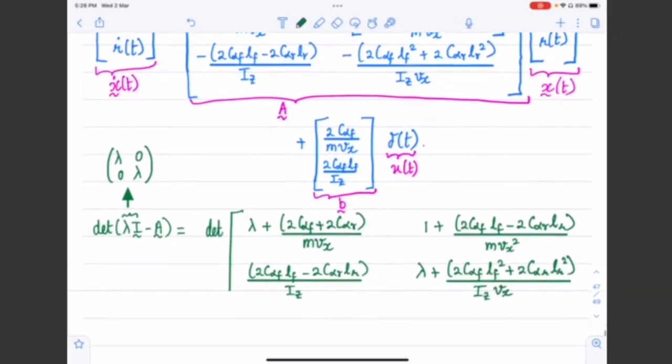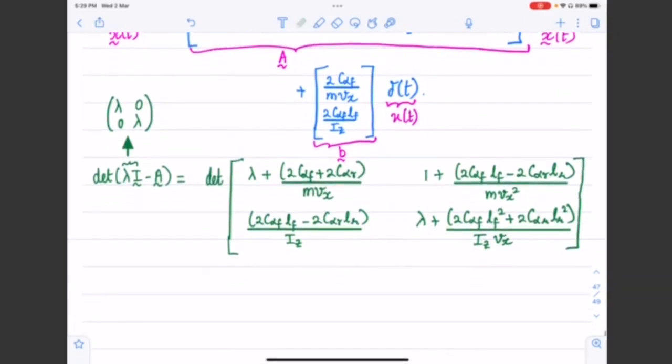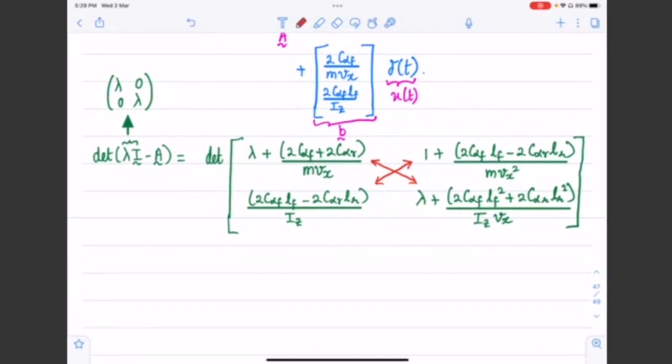Okay, so these are the 4 terms. So now we have the determinant of lambda I minus A. And how do we calculate the determinant of a 2 by 2 matrix? We just cross multiply, right? We take the product of the diagonal terms, and from that product we subtract the product of the off diagonal terms. So that's what we will be doing.